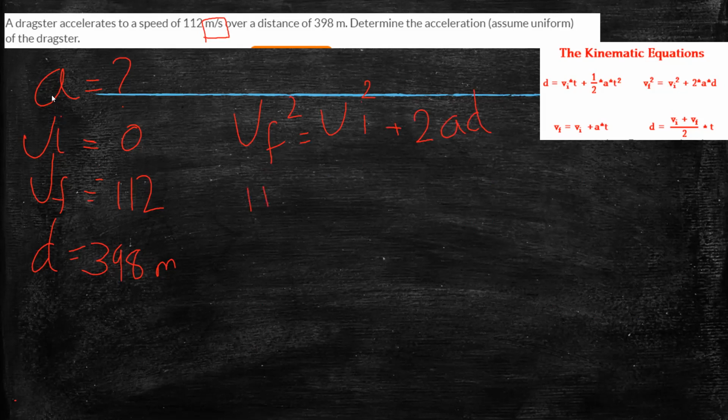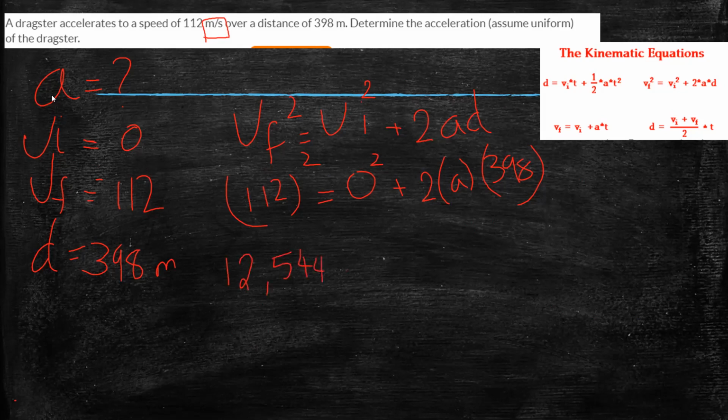V final squared is 112 squared, equal to V initial squared, which is 0 squared, plus 2 times A times 398 meters. Then 112 squared is 12,544, which is equal to 398 times 2, that is 796A.